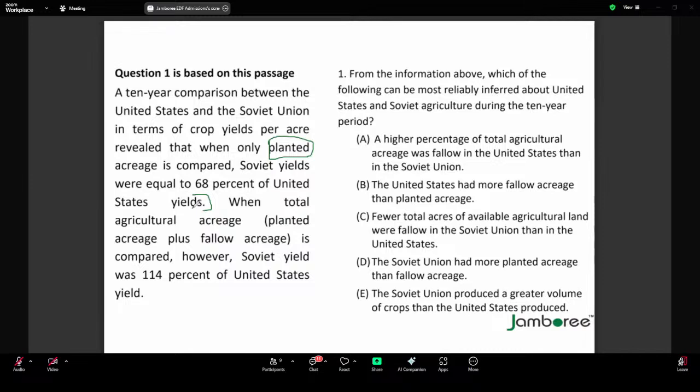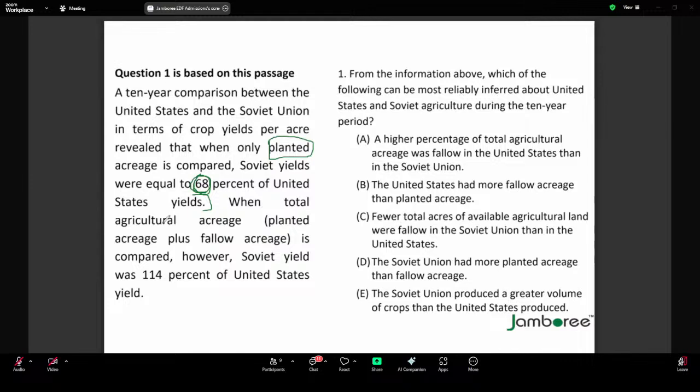That means if the US is growing 100 tons of rice crop, then the Soviet Union is growing 68 tons. So when you only take the planted part, the Soviet Union has no match for the US. They are far, far ahead.